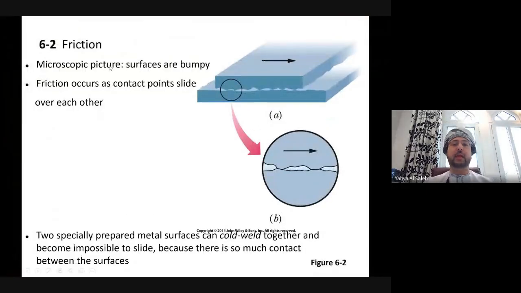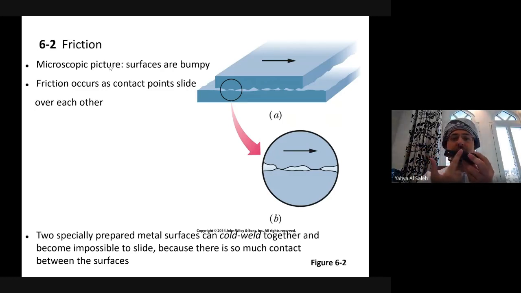What causes friction? If we zoom in into anything that we have whatsoever, we have a very bumpy picture of the world. So it doesn't matter how nice and shiny something is, how smooth it feels.